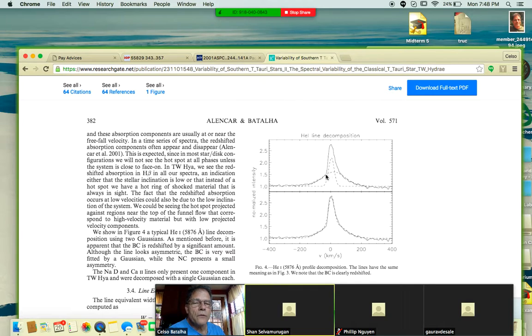And yet you can have these big and strong lines and all asymmetric, depending on the gas that is overlying the star, that is either falling towards the star or being expelled as a result of disk wind. So we have a strong disk wind connection in T Tauri stars.